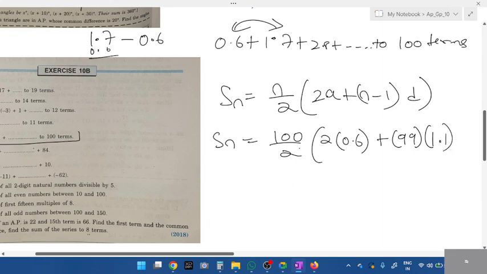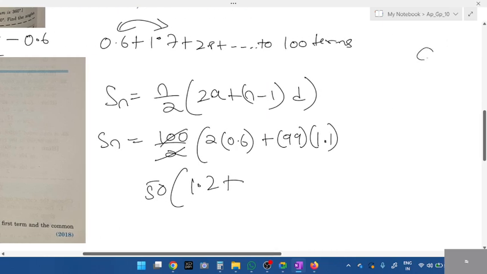So 100 divided by 2 is 50, right? Then multiply 99 into, remove the decimal, multiply 99 and 11.